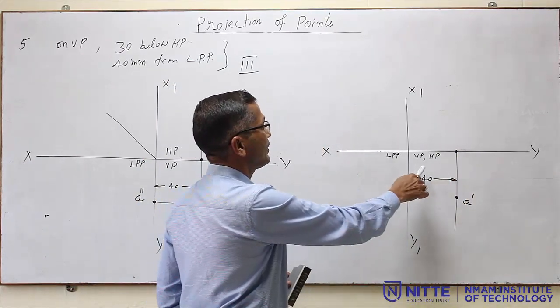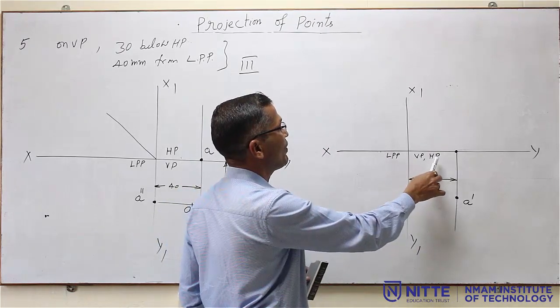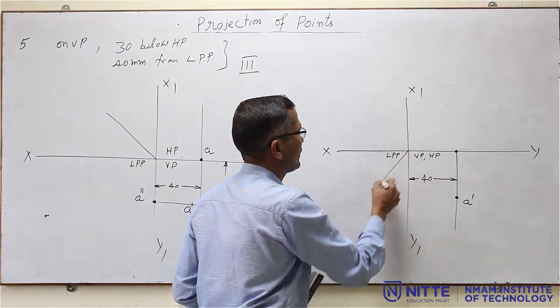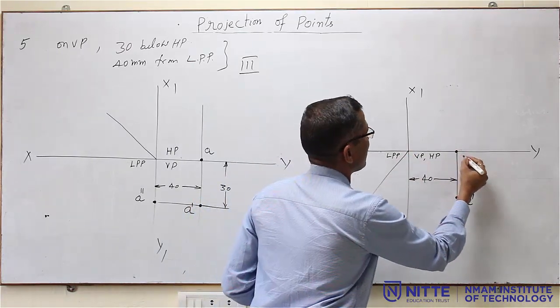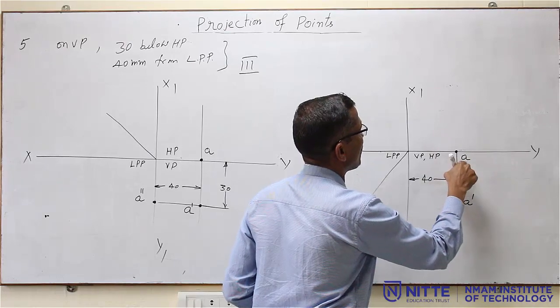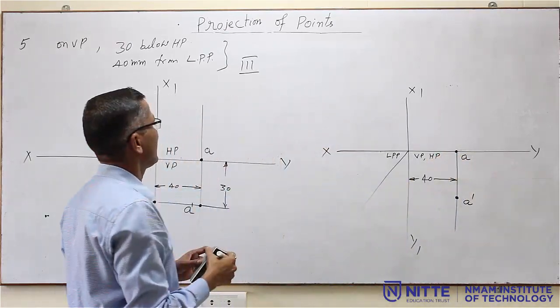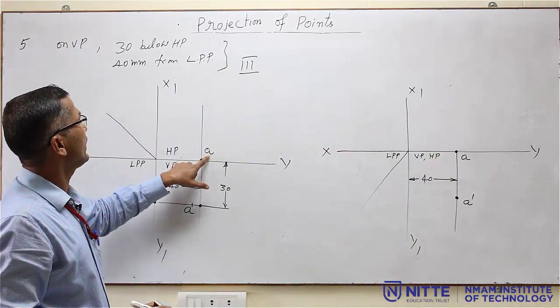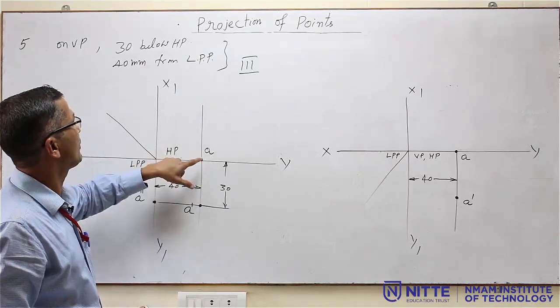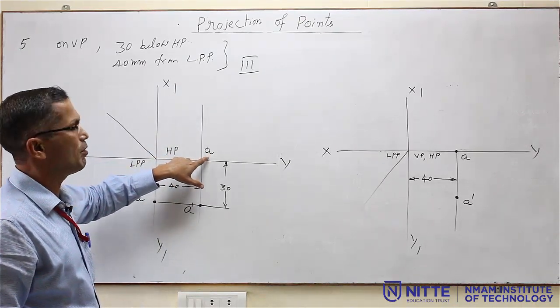Now if it is fourth quadrant, then the 45 degree line will be drawn adjacent to HP. So your 45 degree line will be somewhere here, and the name A should be written below the line. Just make note of the difference. In the third quadrant, you write the A above the line because HP is above the line. The point will be on the XY line, but the naming will be above the line.